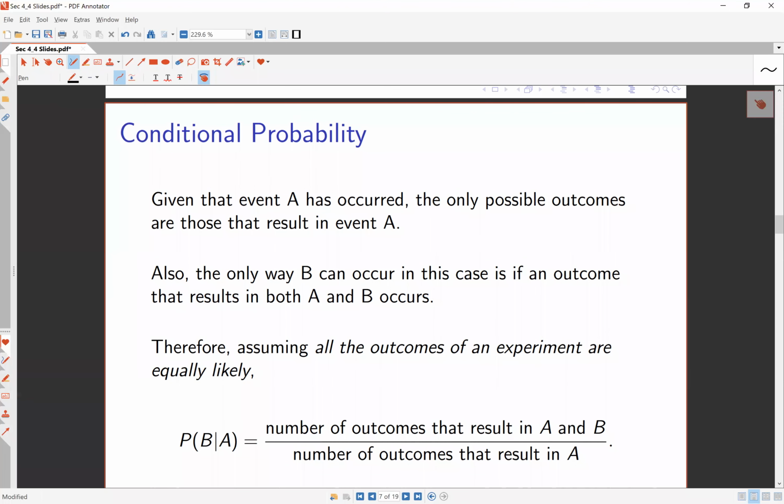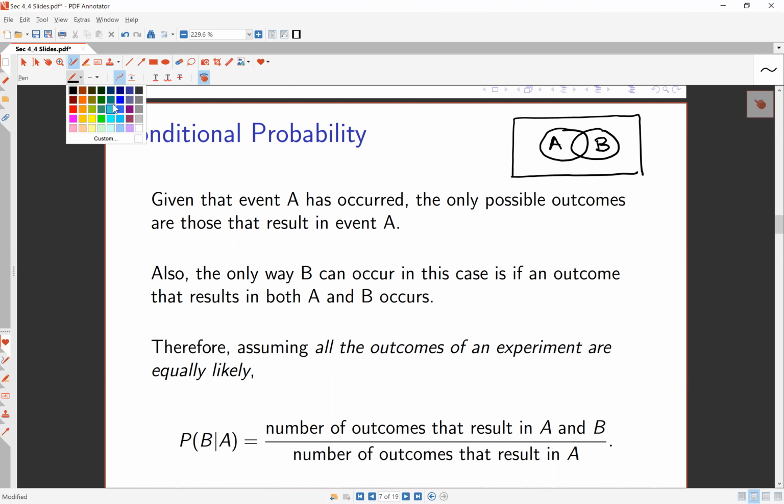And it's useful to visualize this with a Venn diagram. I have two events here, A and B. And let's visualize, we have all these different outcomes for the experiment.